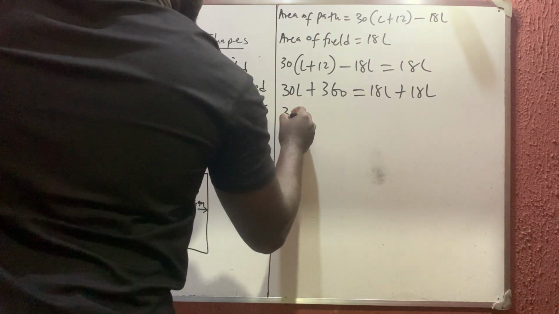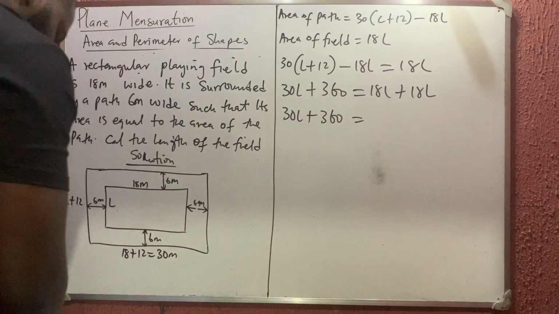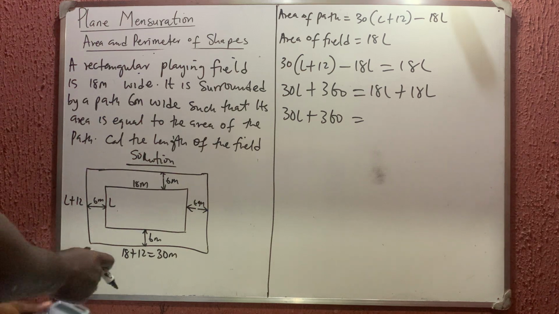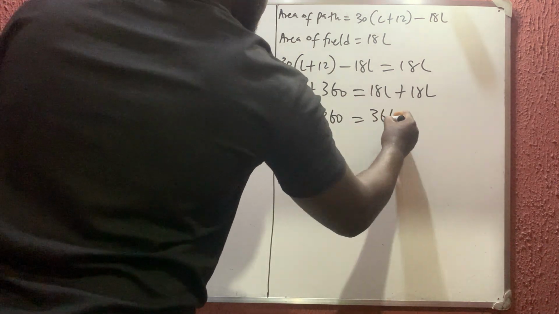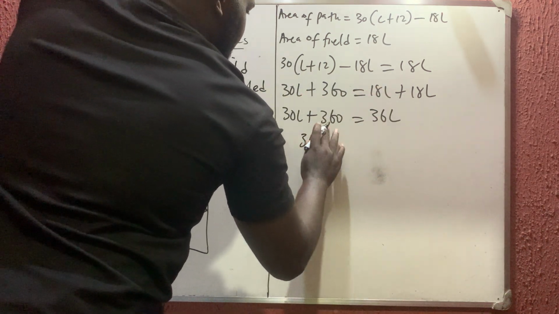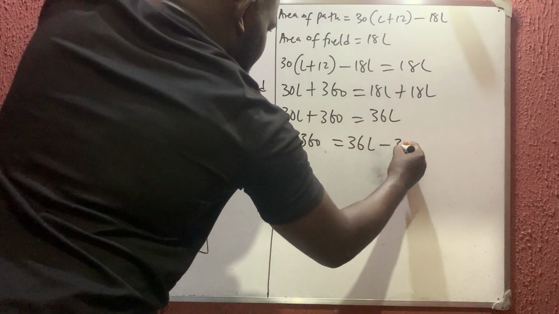So I'm having that 30L plus 360 is equal to 18 times 2, so 18 plus 18, that is 36L. This 30L coming here, I'm going to have 360 is equal to 36L minus 30L.